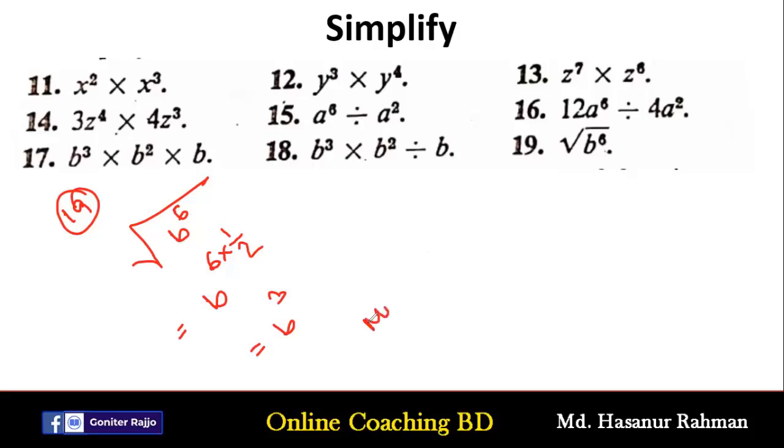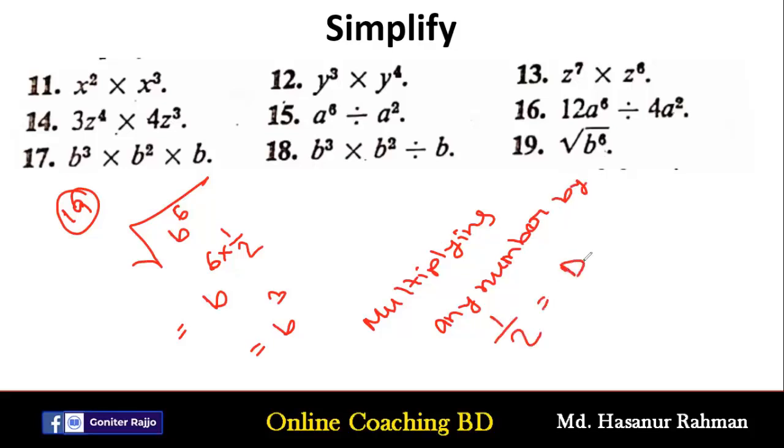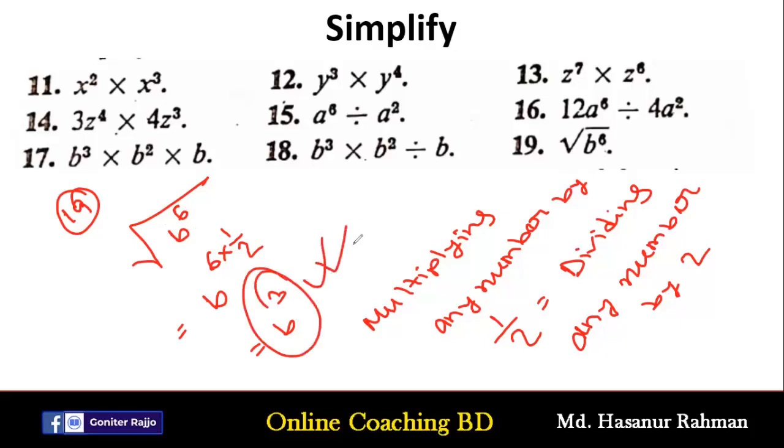So if we look at this question, square root of b to the power 6, just divide 6 by 2, that will be 3. So b cube will be our final answer.